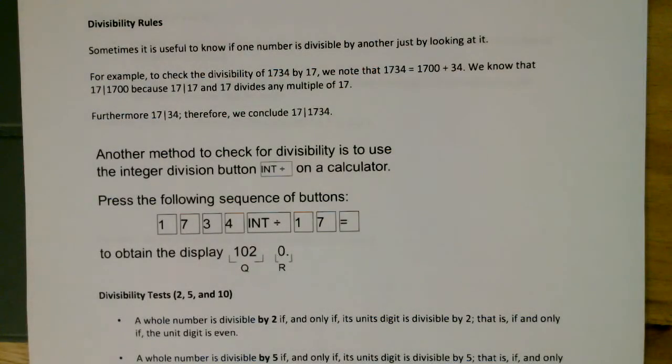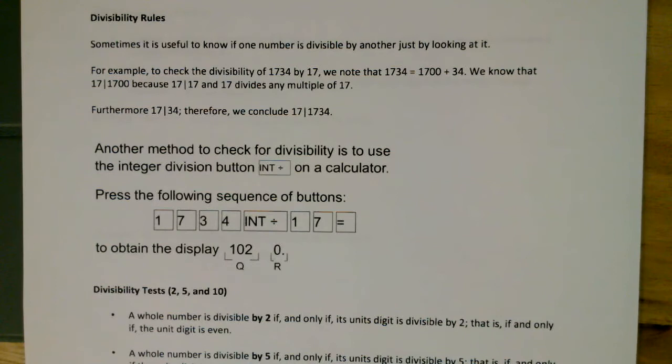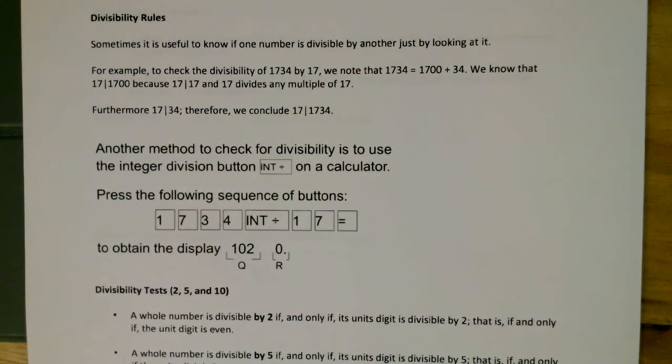All right, now let's look at some of our divisibility rules here. Sometimes it is useful to know if one number is divisible by another just by looking at it. For example, to check the divisibility of 1734 by 17, we note that 1734 is going to be 1700 plus 34.